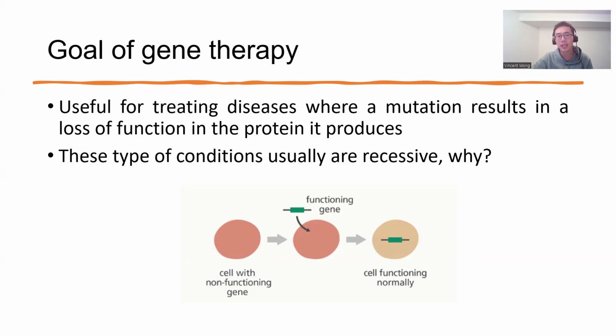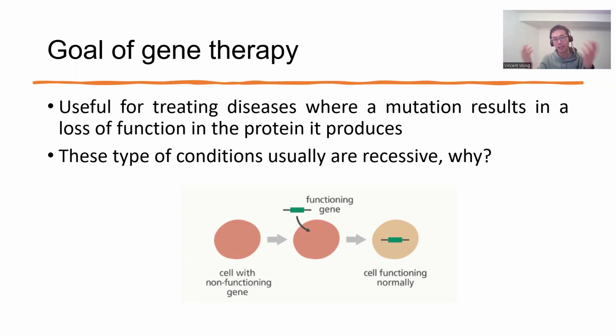Okay. So these are typically ideal for loss of function in the protein and has to be recessive. Why is that the case? Well, if the disease is dominant, even if you put in the functional gene, it is not going to cover up the dominant disease, right? Dominant is always going to be expressing itself.